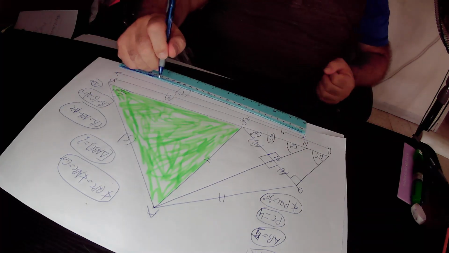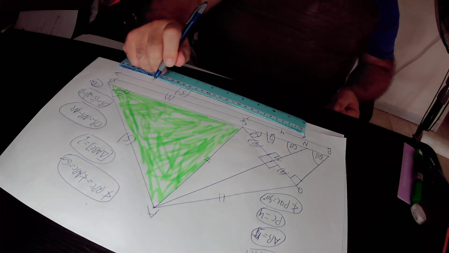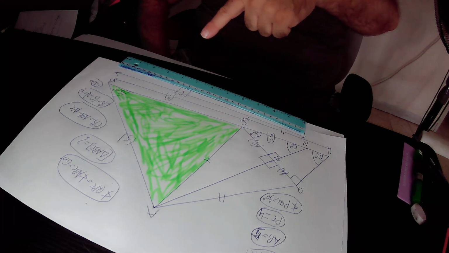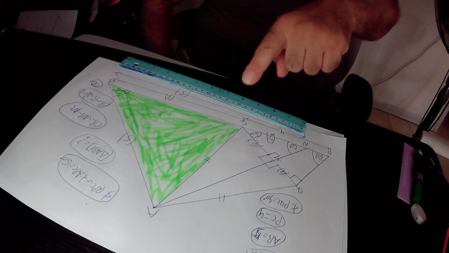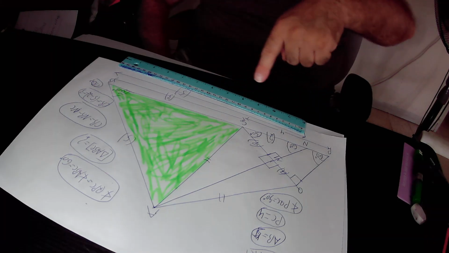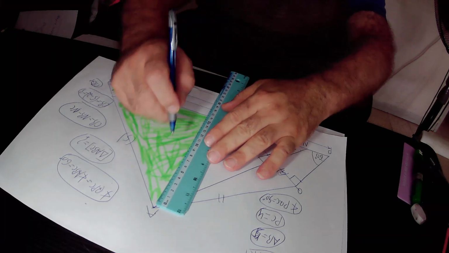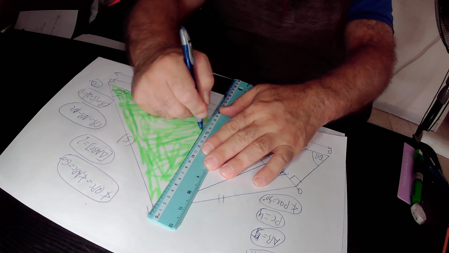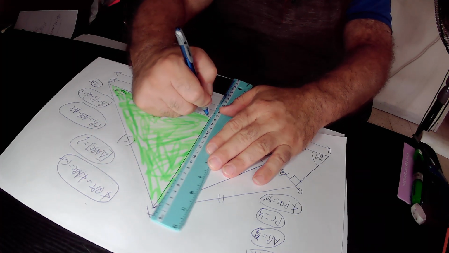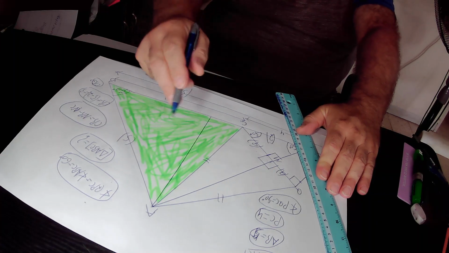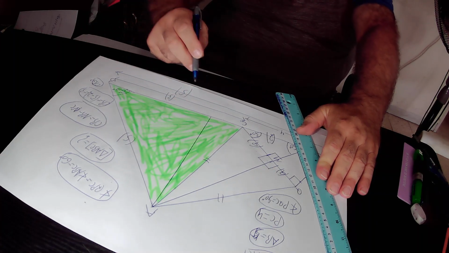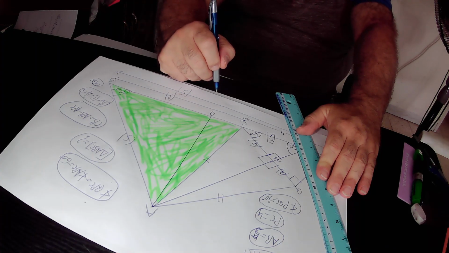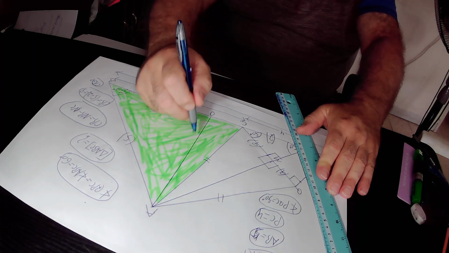In the next step, we will do another construction. From point A, we will draw a perpendicular on side CB. We will define the touching point of the perpendicular from point A and CB as point O. We will define the length of side AO as h.